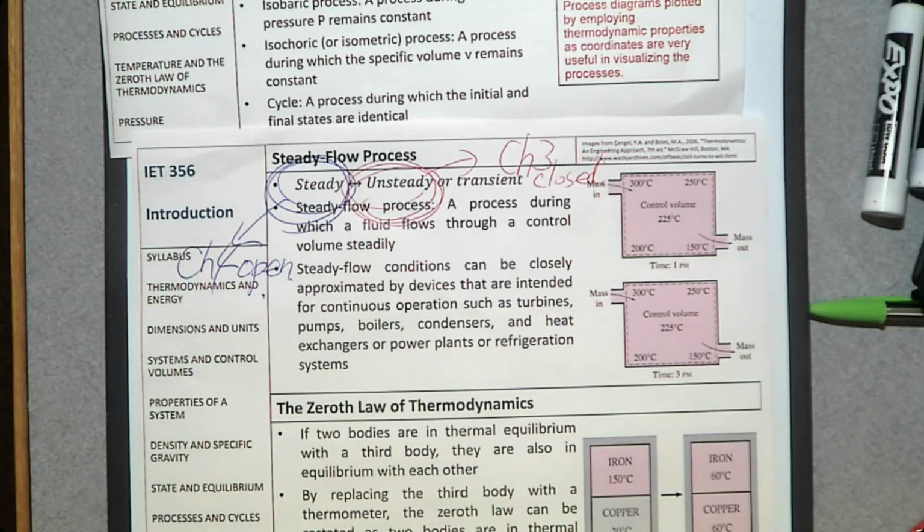So if I talk about this coffee, if I open the lid, is it a closed system or an open system? It's a cooling process. Unless you pour, it's closed. Okay?